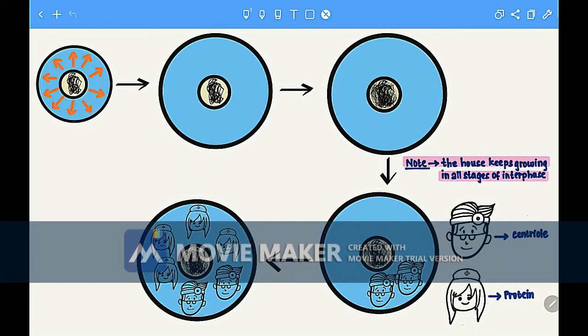So now in the story, the doctor, who is the centriole of the cell, heard the voices after the duplication and realized, oh my god, these patients have replicated themselves.